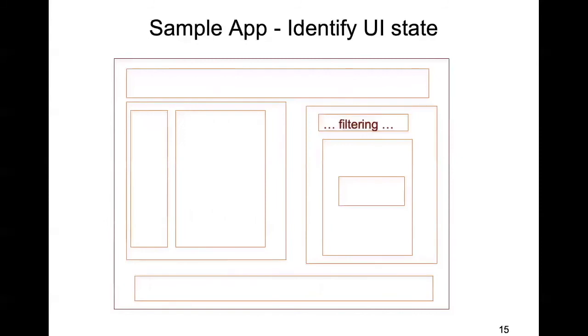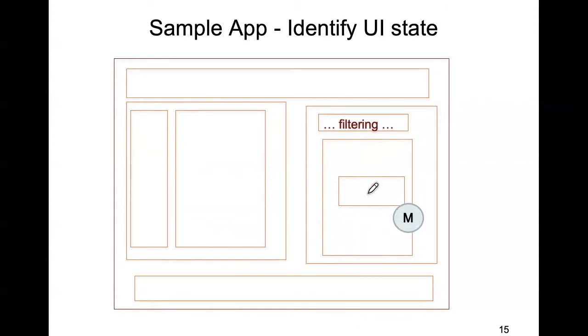Now, maybe this is the best example of trying to explain this notion of identifying state within your UI. This is harping back to this little sample app that we discussed earlier on. In terms of data, the list of movies being displayed, that's data.